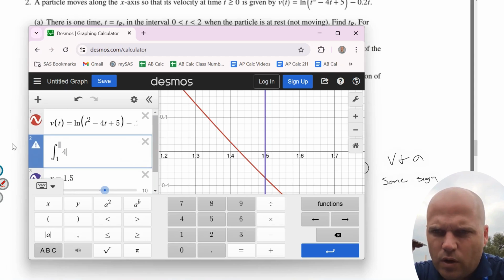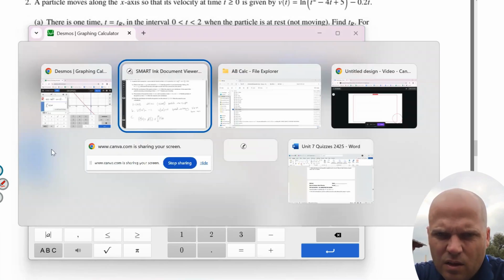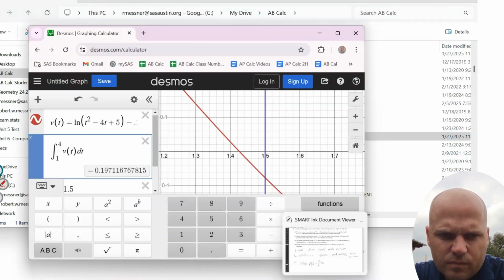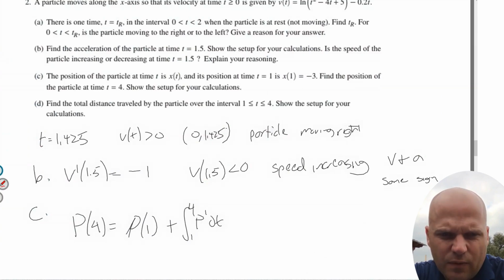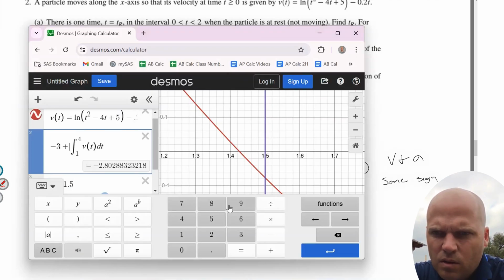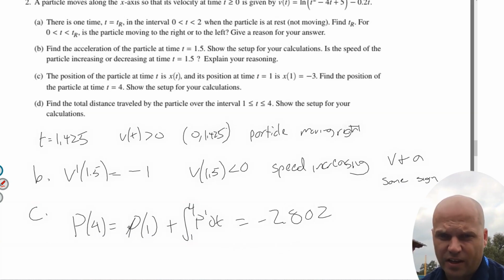Integral from 1 to 4 of v, and I'm going to add the position, which was -3. -2.802. Show the setup for your calculations. You've got to show that stuff.